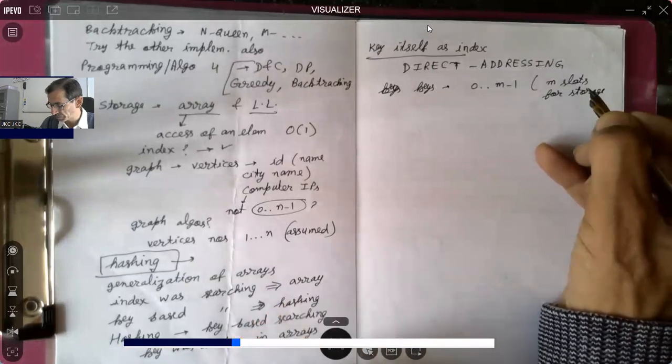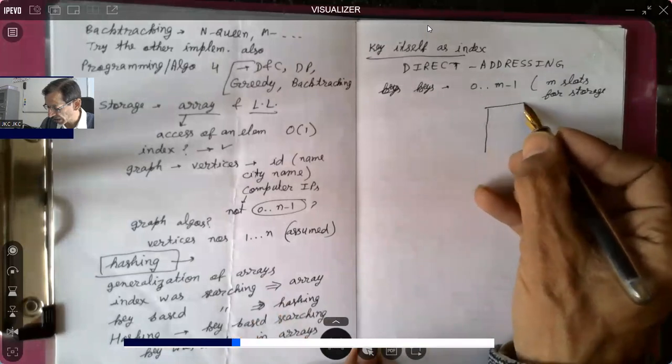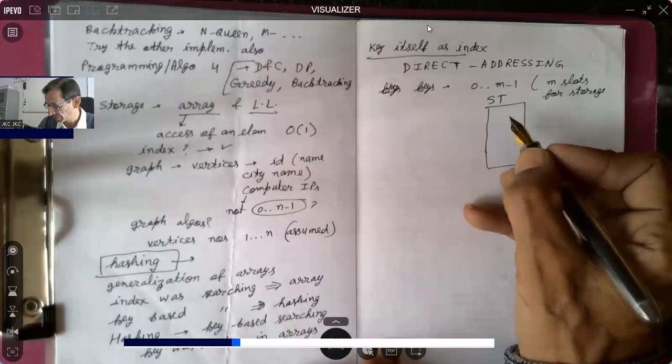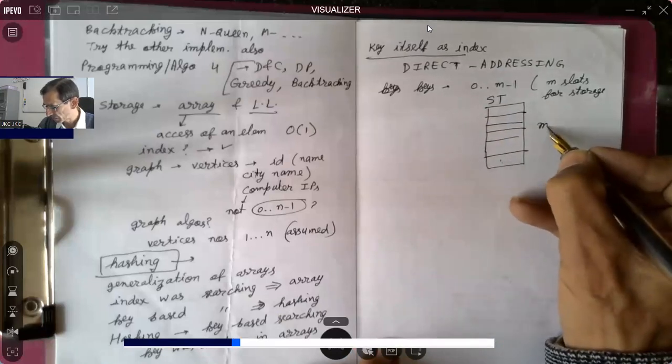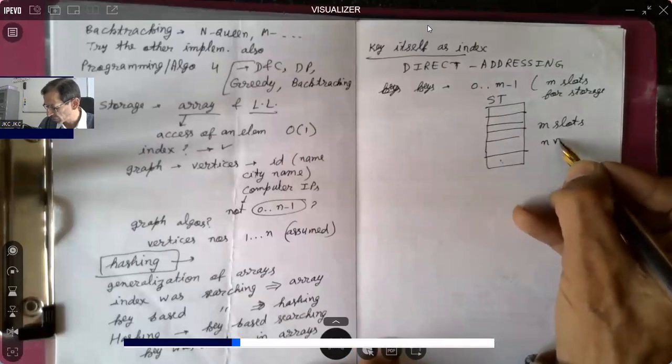Hashing simply means that I have a storage table or storage array, and it has m slots. And I assume n values are to be stored.